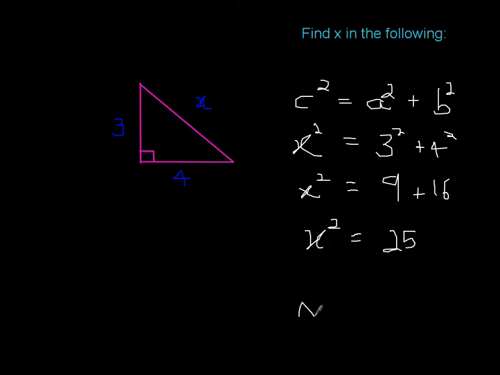Now you square root both sides, so the square root of x squared, that just undoes the squared, so that becomes x, and the square root of 25, the principal root, becomes 5. So x equals 5. And we're done for that one, at least.